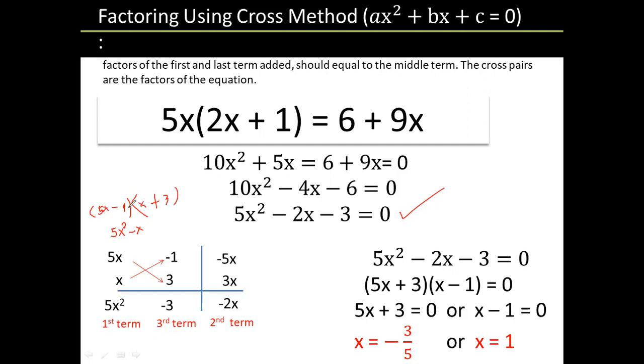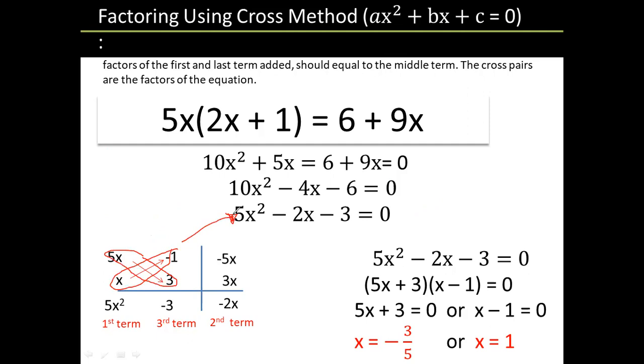And then negative 1 times 3 is minus 3. Okay, so therefore, you did not get the middle term. So that is why we need to cross multiply so that we can get exactly that term.